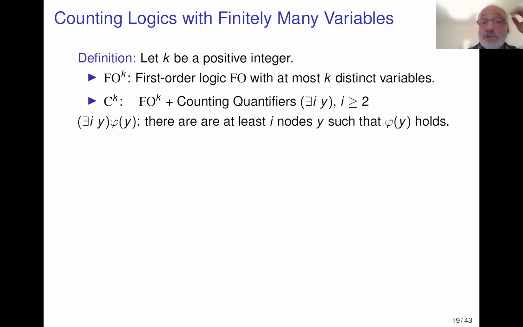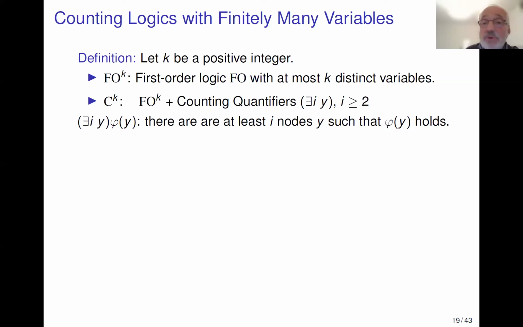To give you the first important result, which was obtained in 2010 by Zdeněk Dvořák, I need to go and say something about logic. It's about time, after all, right? We have said very little about logic so far. And now we want to focus on counting logics with finitely many variables. If I have a positive integer k, FO^k is first order logic where you have at most k distinct variables.